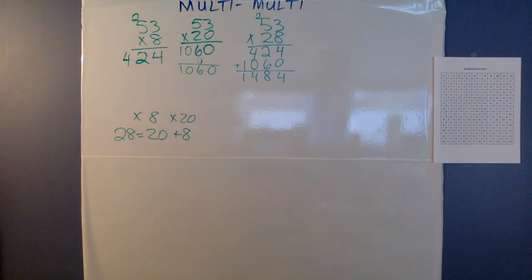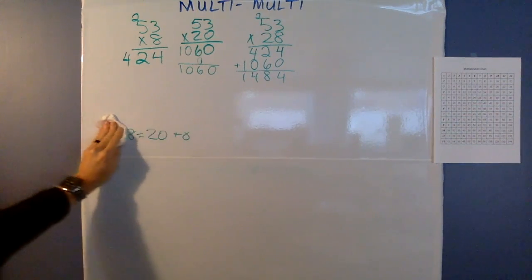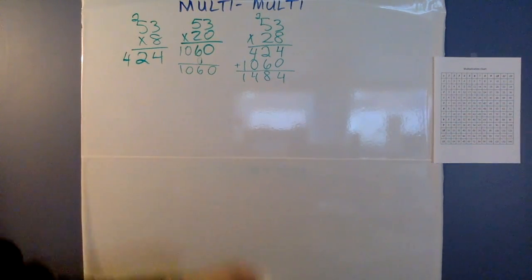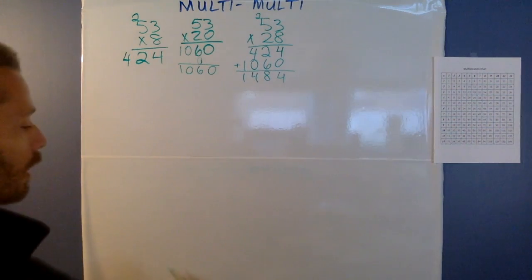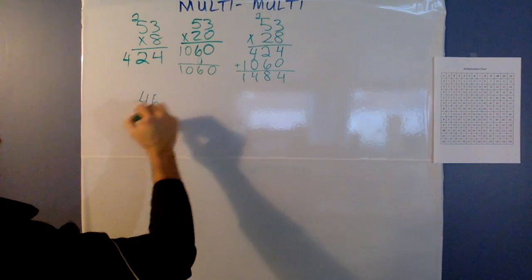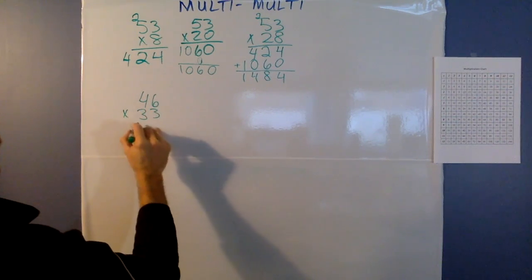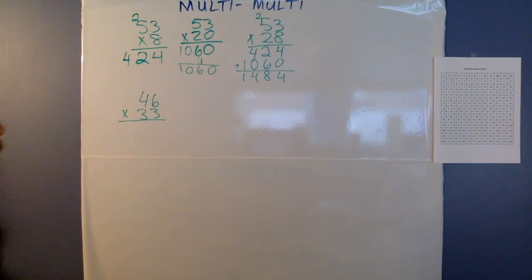Let's do another one just to make it a little bit more clear, a little bit of review. I need a new problem, and this time I'm going to do 46 times 33. Okay?